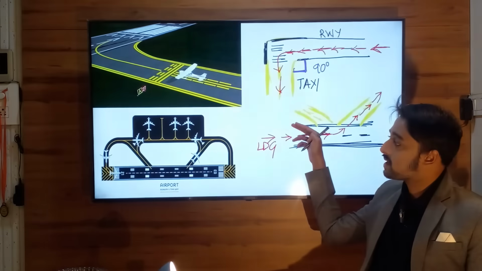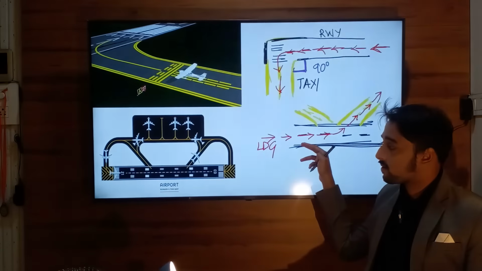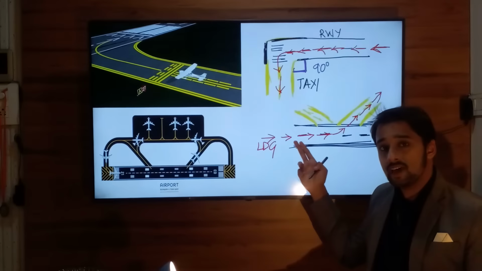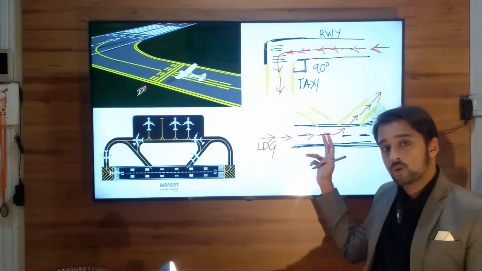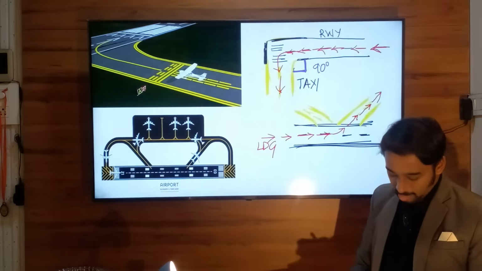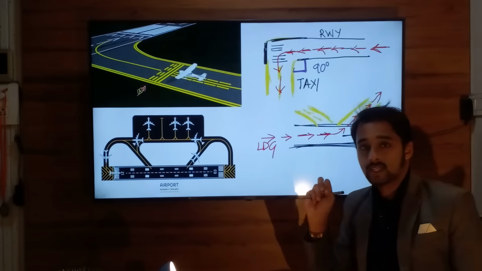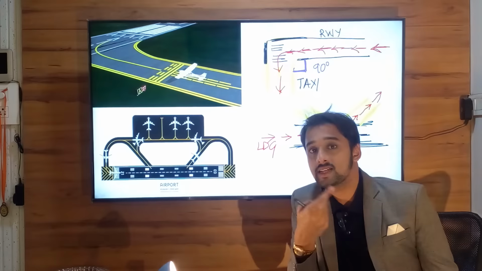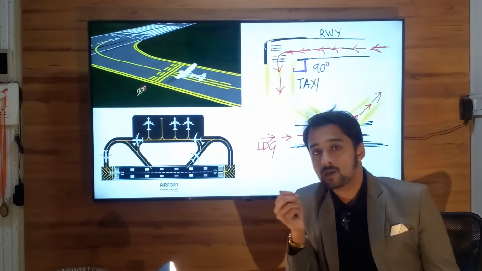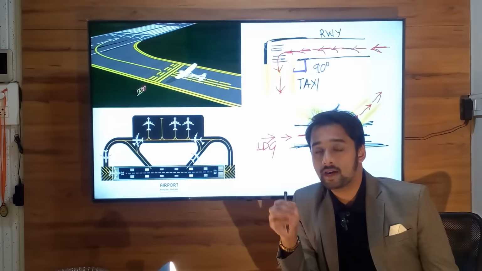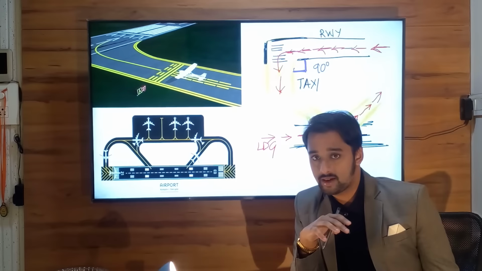So this is a little bit of development, a very clever development that they have made to reduce runway occupancy time. This 90-degree taxiway-runway intersection has this disadvantage that it increases runway occupancy time because of the radius of turn that is required to enter the taxiway.